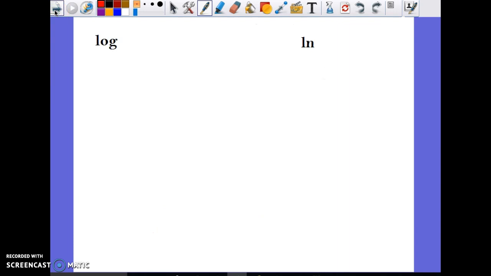So let's go ahead and make some notes about this. So we've got log, I'm going to call it its default base is 10. So if I see something like log with maybe a number, I'm going to assume that there's a 10 here, even though I don't see it. We don't have to write it. It's kind of like when I see x, I automatically know that there's a 1 in front.